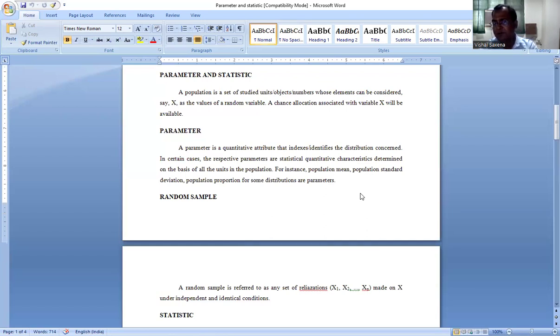For instance, population mean, population standard deviation, and population proportion for some distributions are the parameters. These are the quantitative characteristics through which the population can be analyzed, and they are determined on the basis of all the units in the population.